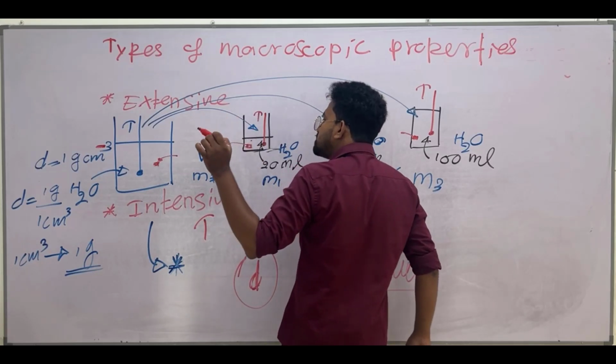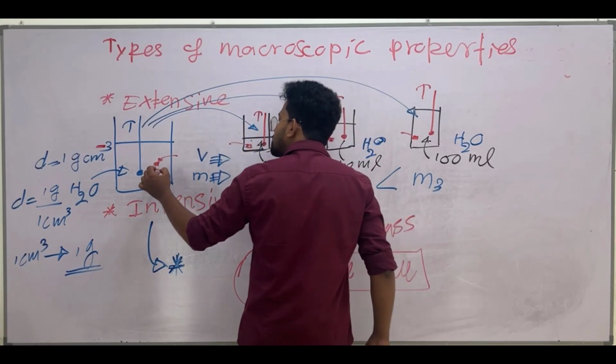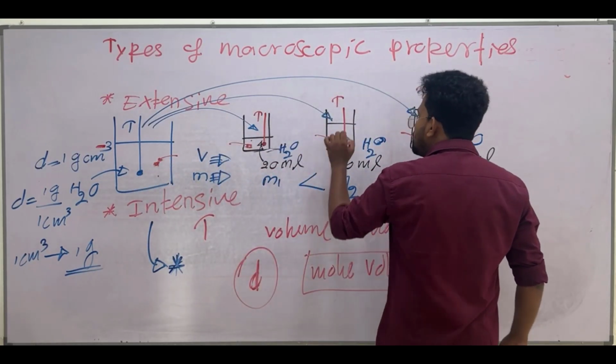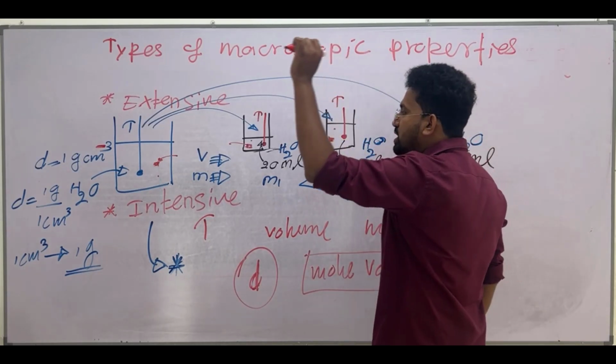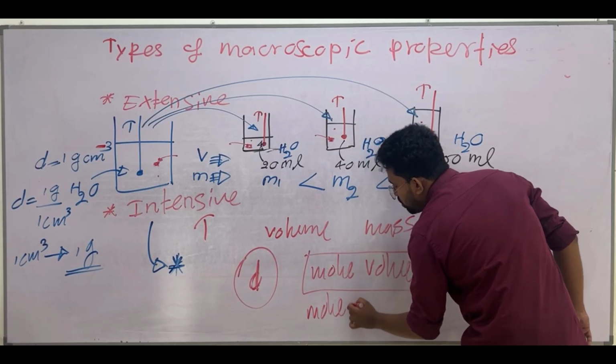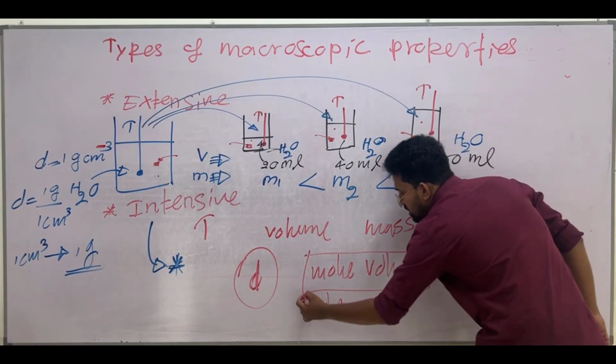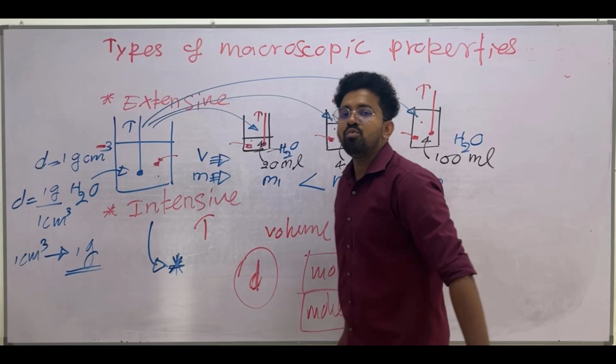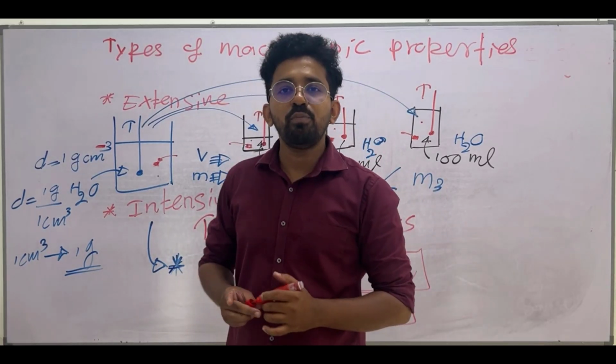The volume of 1 mole is this much, and that remains constant. If we take molar mass, that is also constant. Molar mass is also an intensive property.